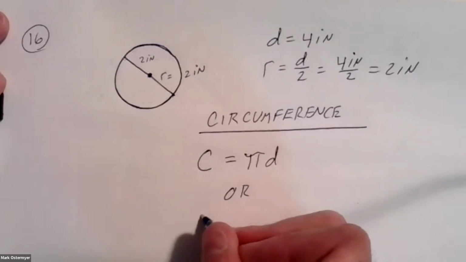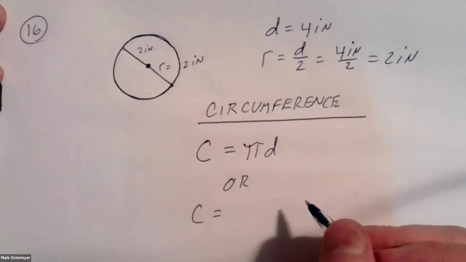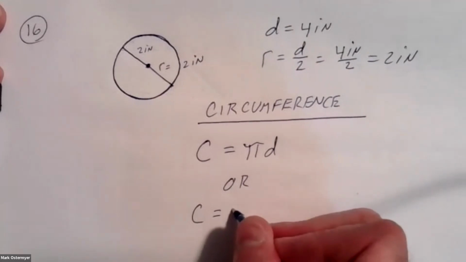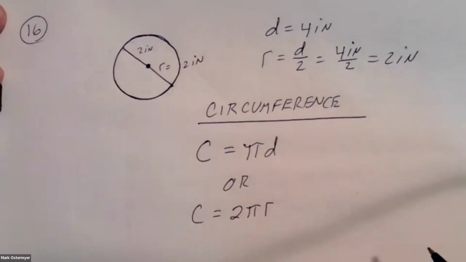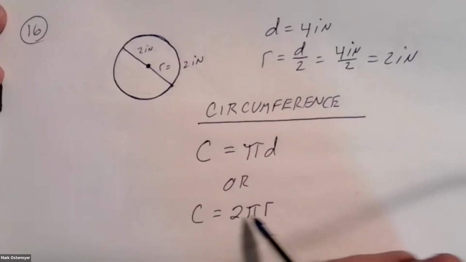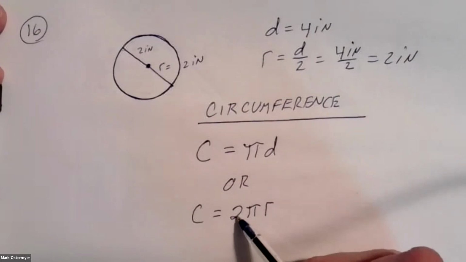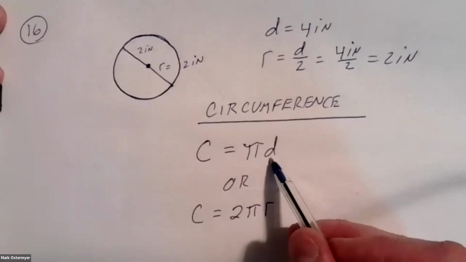Or, ladies and gentlemen, if you want to use the radius, you can use this alternative equivalent formula for the circumference, which is 2 times that irrational number pi times the radius. These are equivalent formulas because 2 times a radius is what? A diameter. So you can replace 2r with d.